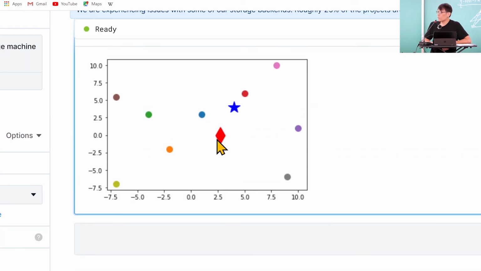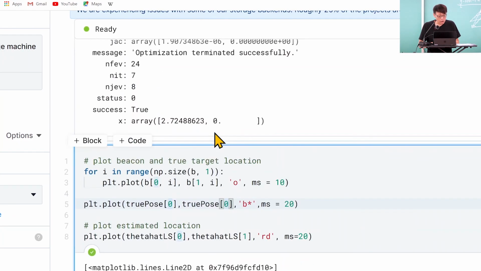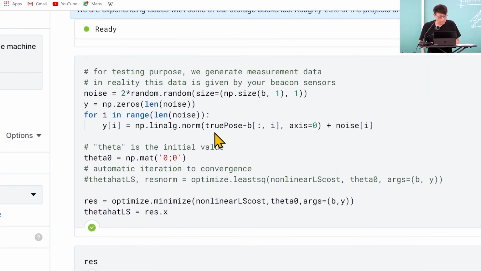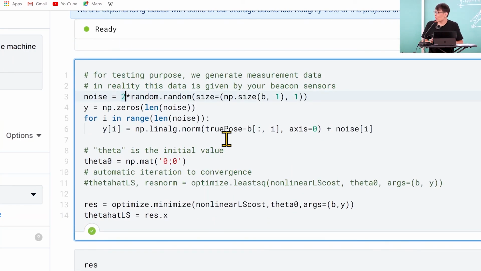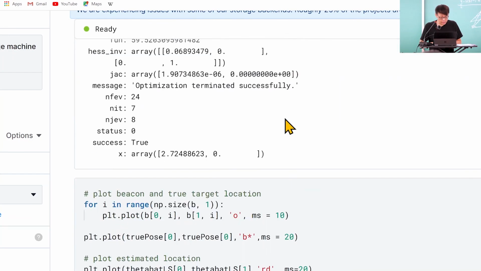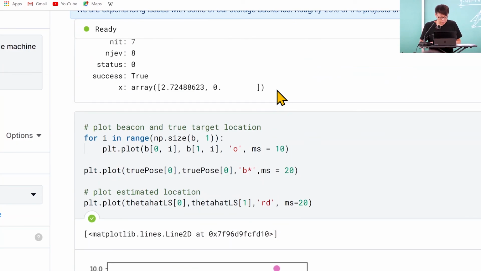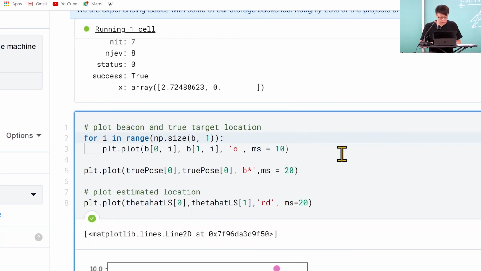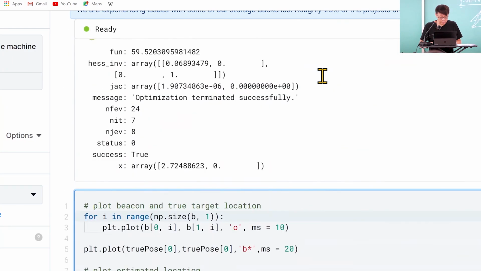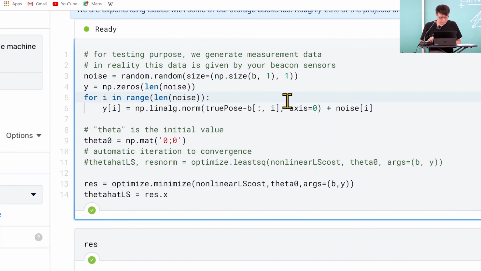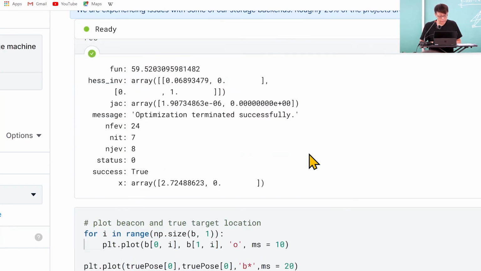This is the true target, this is your estimate. It's far away because your noise is very large. Your noise is very big. So if you reduce this noise by half, I think it should be closer. Still that. Let's see. Okay, you can play with it later.